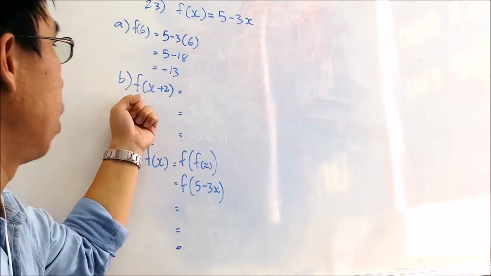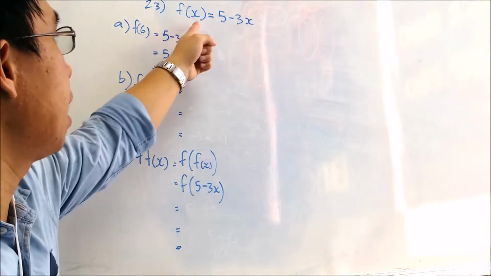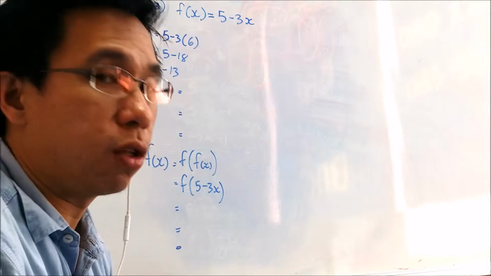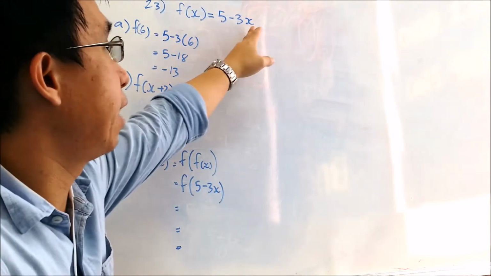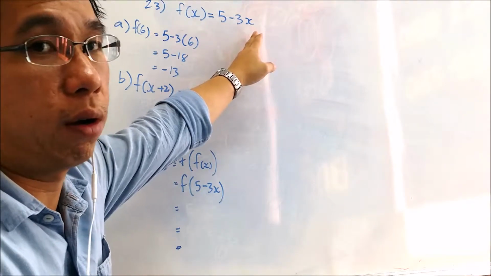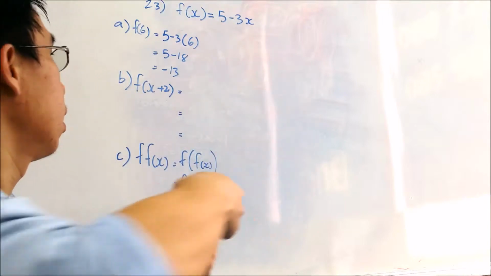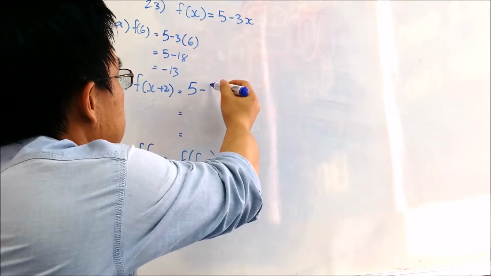Let's do the second question, question B. Now instead of using x here, they change it into x plus 2. Let's not panic. It's not that difficult. Instead of writing x as an unknown here, you're substituting x plus 2. Now continue writing the function first.